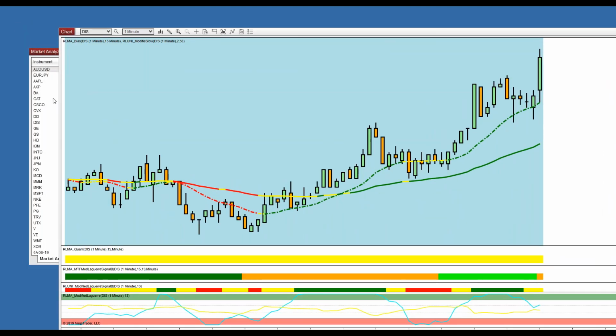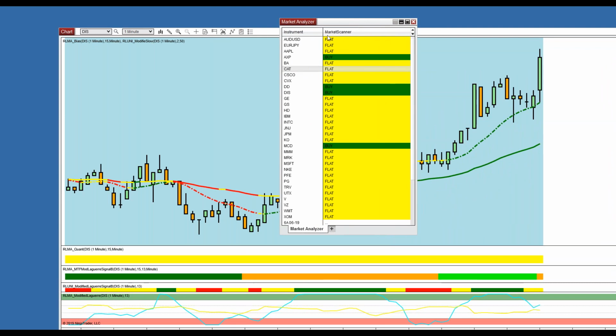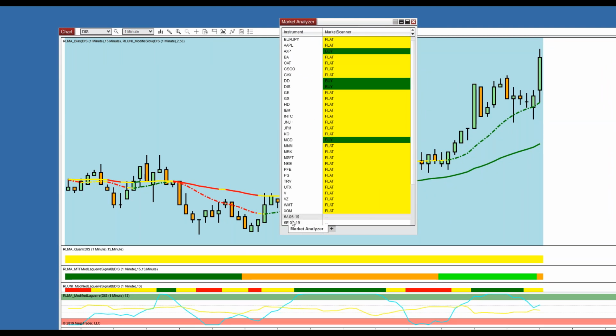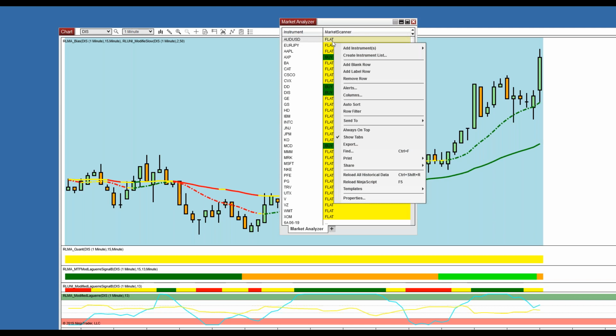Let me just bring up the analyzer. And you can look at instruments. You can look at stocks, futures, Forex at the same time. You can always change the time frame.